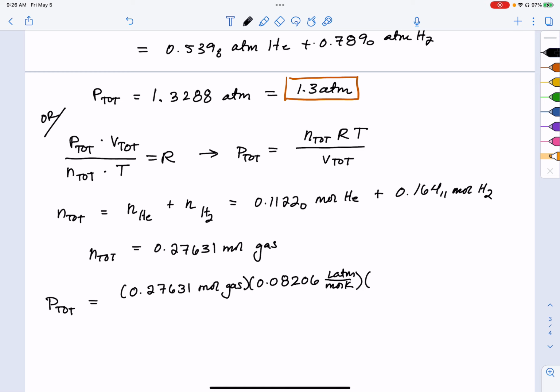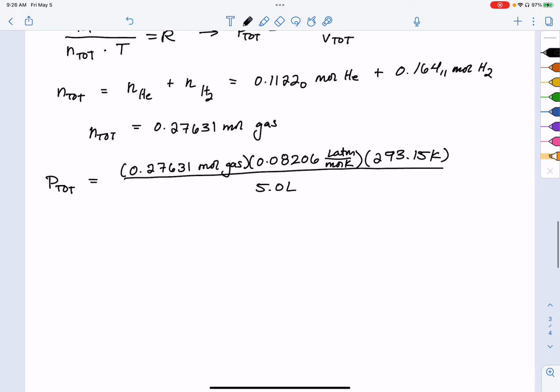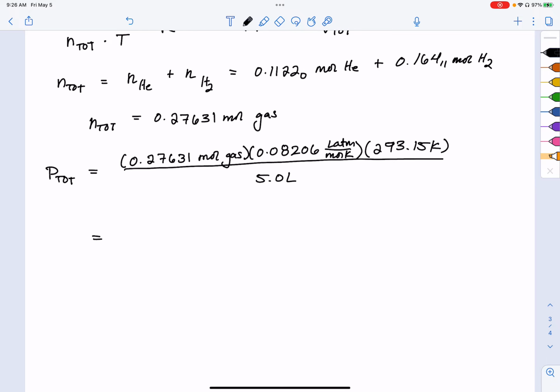Times our temperature, this was unchanging, 293.15 Kelvin, over now the total new volume of 5.0 liters. So this should agree with what we got. Let's see if it does.